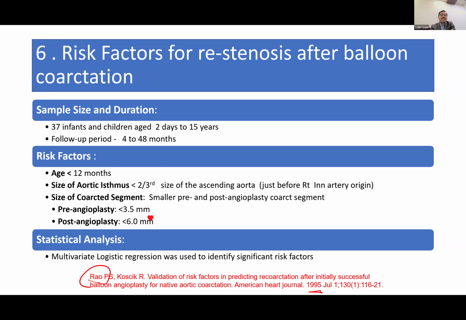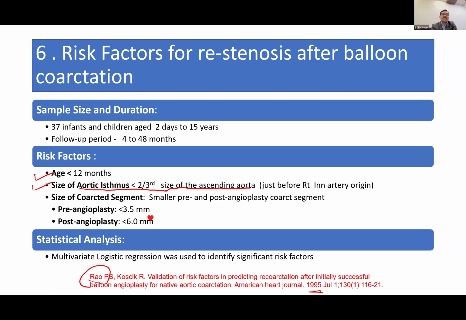A multivariate regression analysis was used, and they found age less than 12 months, size of aortic isthmus less than 2/3 of the ascending aorta, that means just before the first branch, and size of the coarctation segment, if it's less than 0.3 to 0.5 mm pre-angioplasty and post-angioplasty less than 6 mm, you have a higher chance of recoarctation.